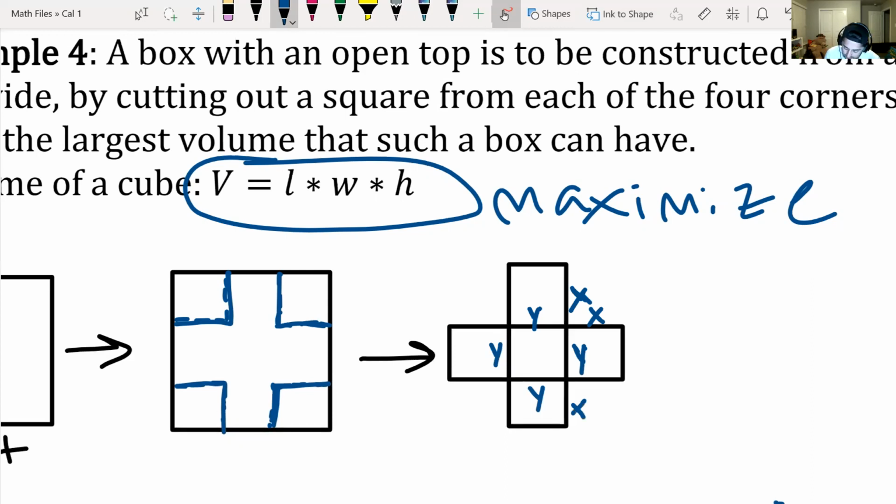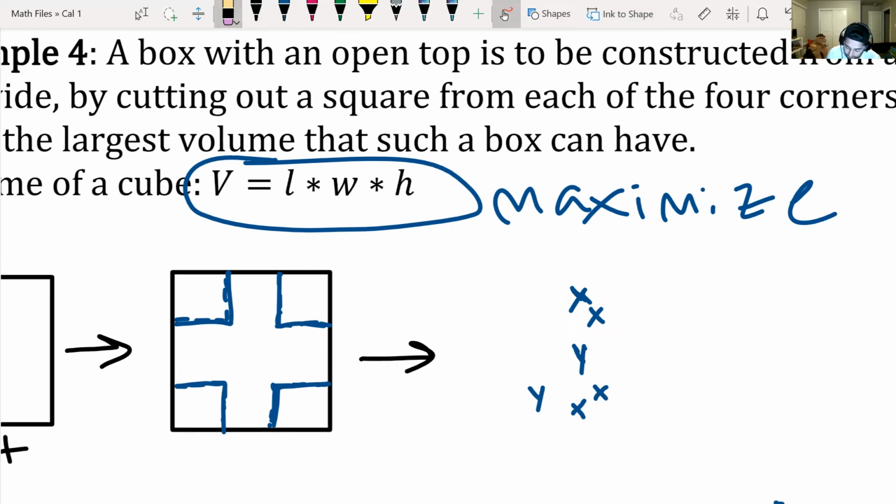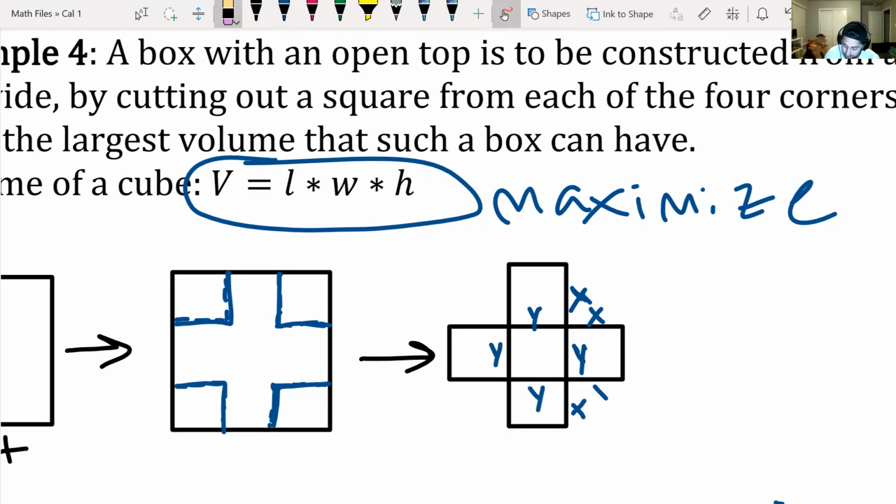Maybe I should use different colors. Let me redo my relabeling since this is working really well right now.